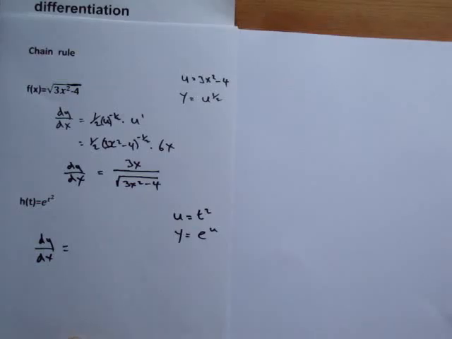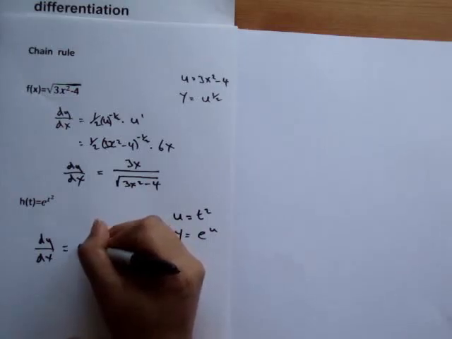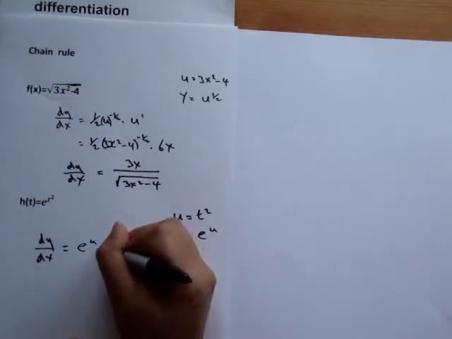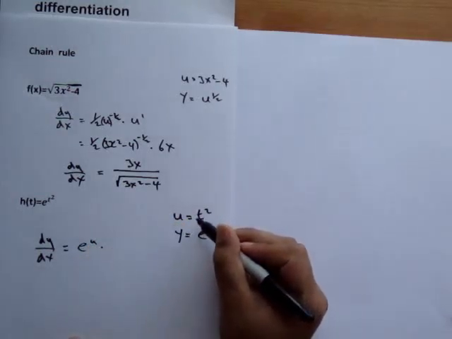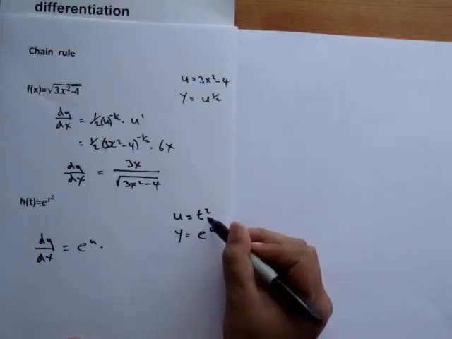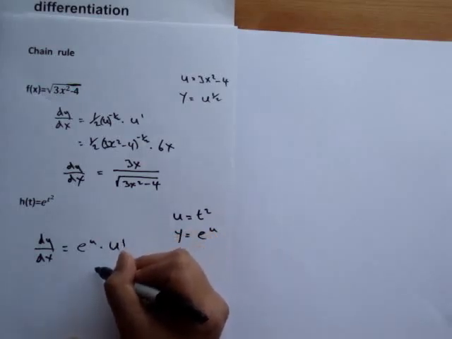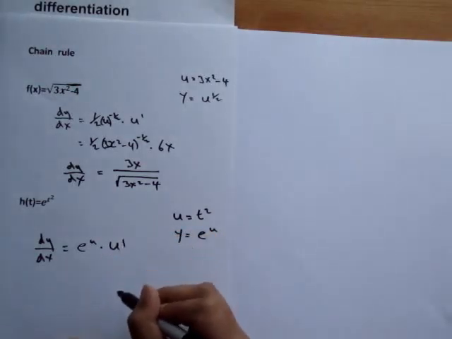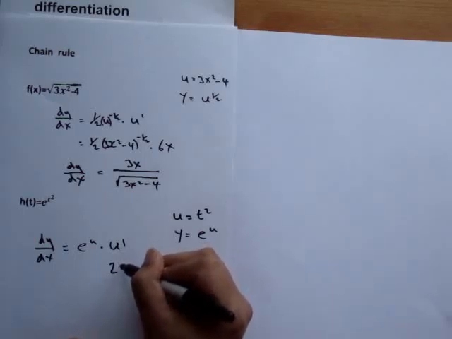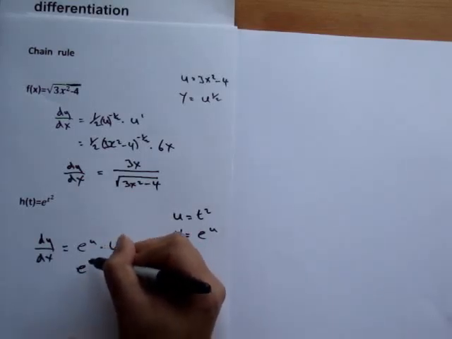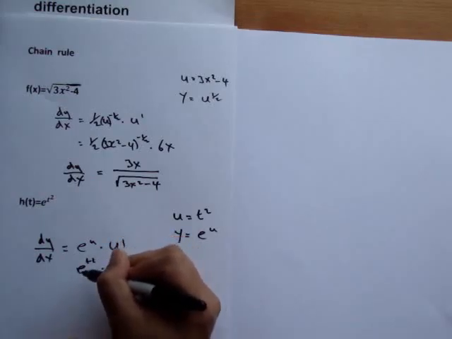So dy by du stays e to the u multiplied by du by dx, and if we differentiate t to the power 2, we get u prime, which is 2t, and e to the power t squared.